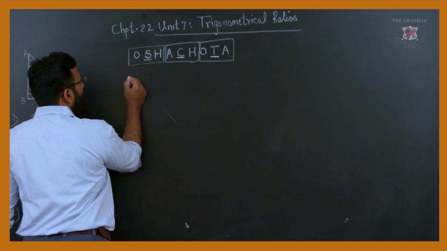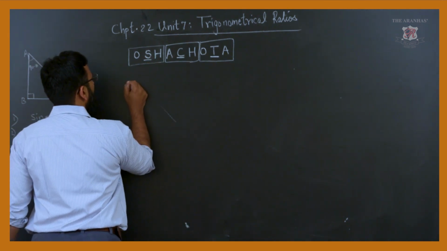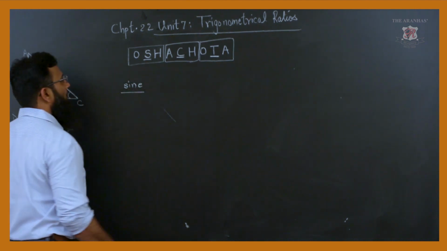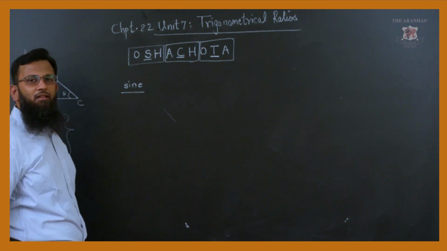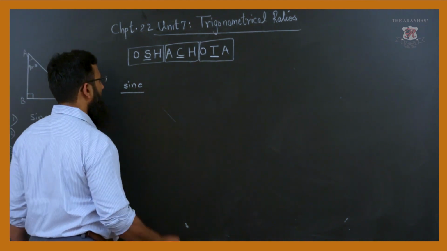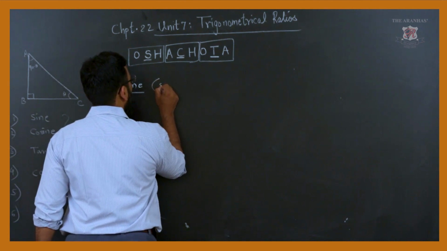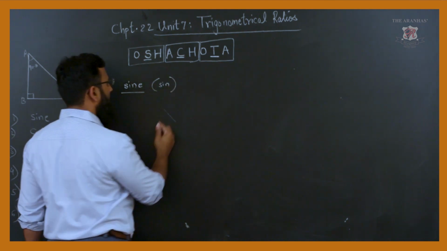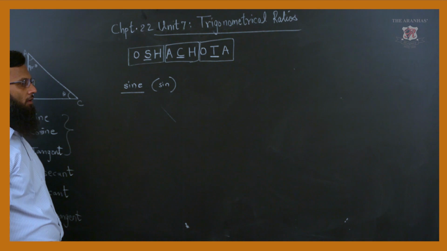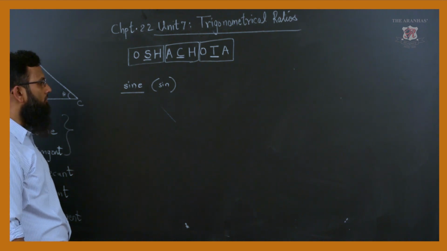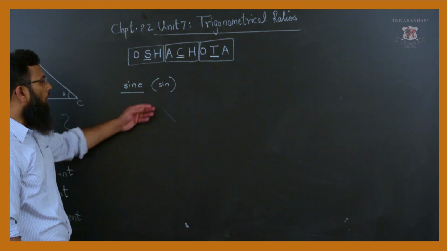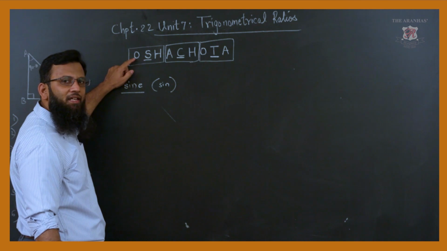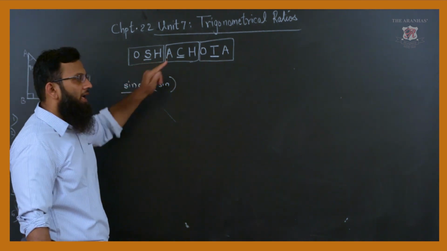The middle alphabet will be the name of the trigonometric ratio, sine. It is called sine and written in the formulas as SIN. Is this clear? Now further, how to define this sine ratio? Two more alphabets are left, O and H.